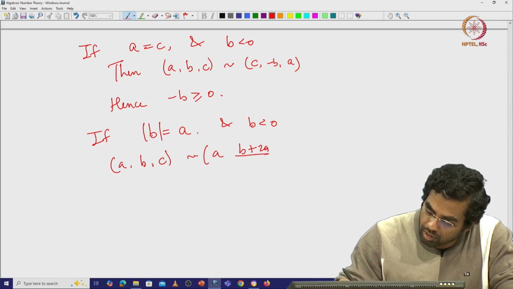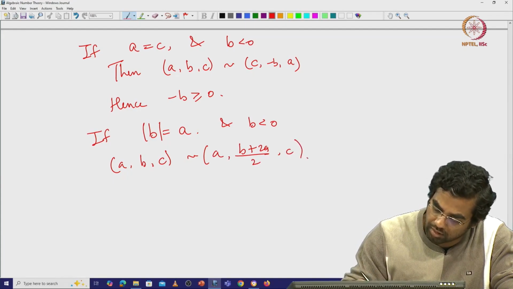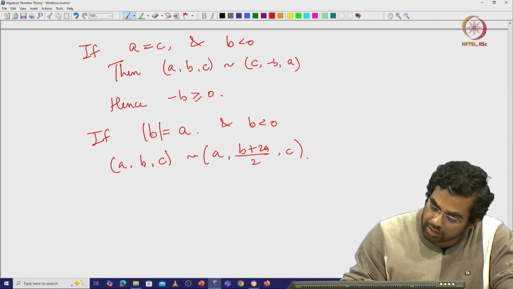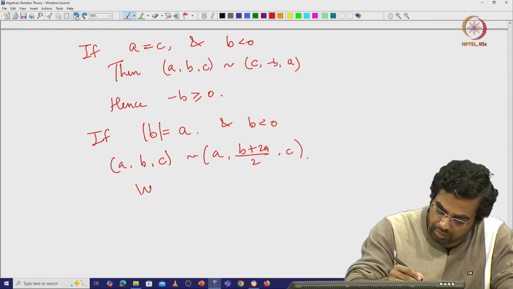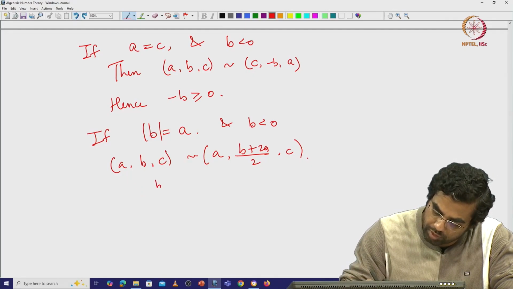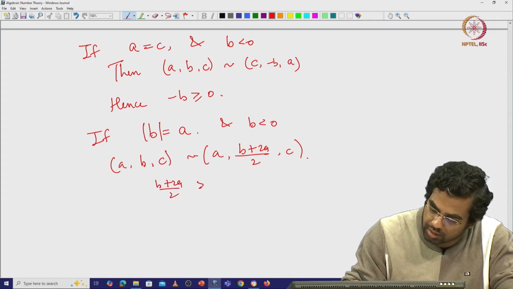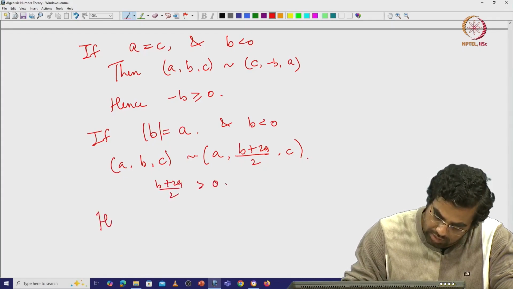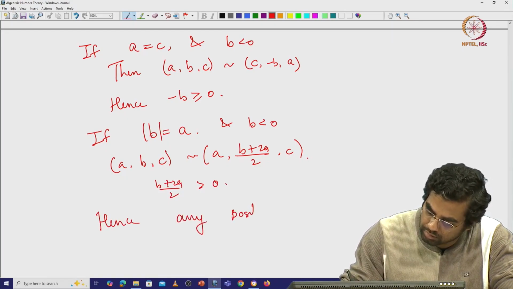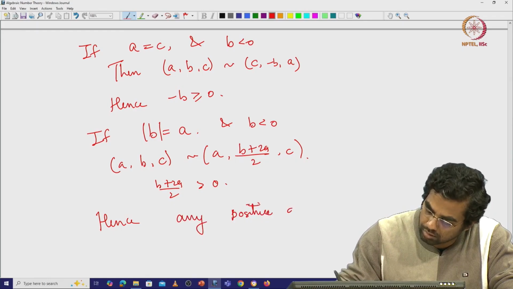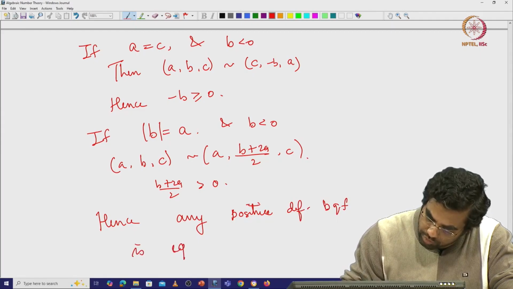So, again this condition will tell you that we can take b plus 2a by 2 bigger than 0. Okay. So, hence any positive definite binary quadratic form is equivalent to a reduced one.